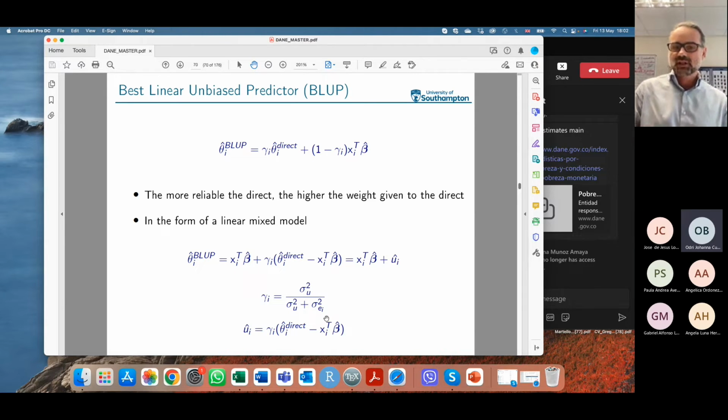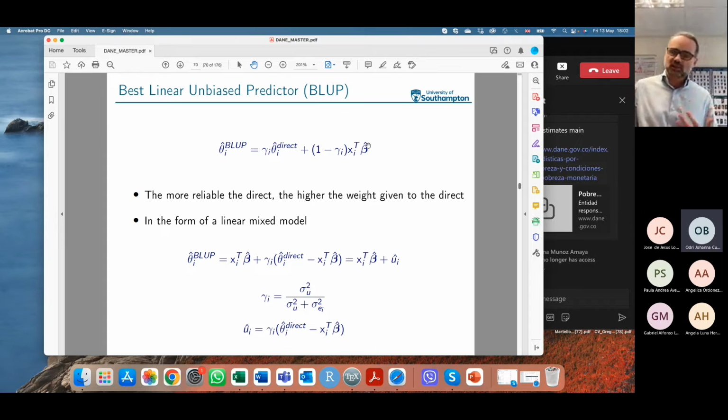So think of a case where your sigma squared e_i is very small. What does it mean? It means that my direct estimate is very reliable, and gamma i will go close to 1. Not quite 1, but closer to 1. So I will be giving a higher weight to the direct estimate and a lower weight to the second part of the estimator.